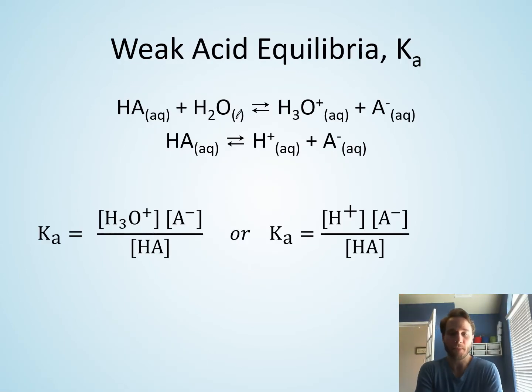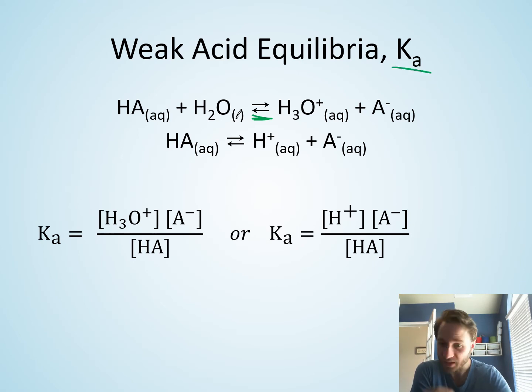As mentioned, weak acids establish this equilibrium reaction, which means it has an equilibrium constant. We call the equilibrium constant for a weak acid dissociation reaction Ka.